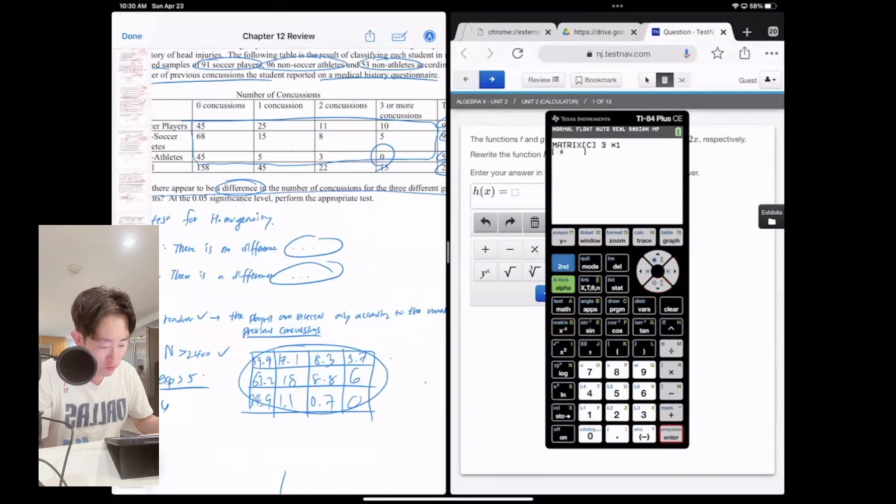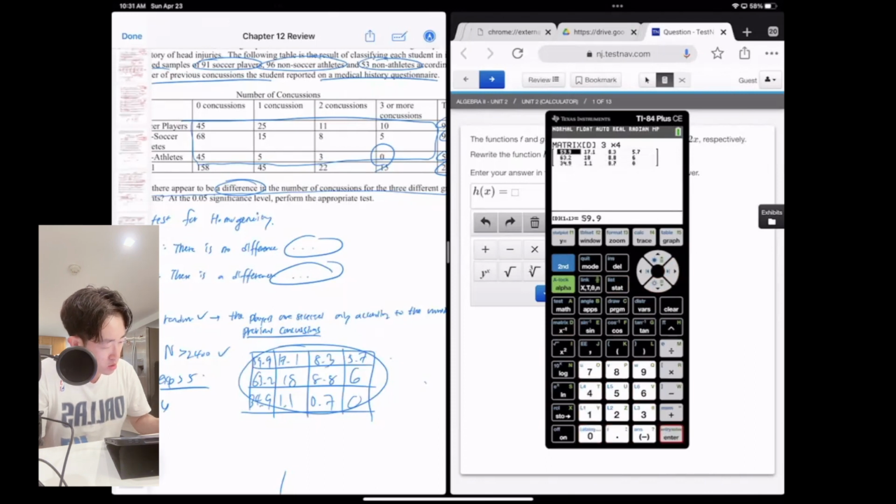So that's 3, that's 4. Okay, and then the second matrix, which I'm going to label as matrix D: 59.9, 17.1, 8.3, 5.7, 63.2, 18, 8.8, 6, 34.9, 1.1, 0.7, and 0.